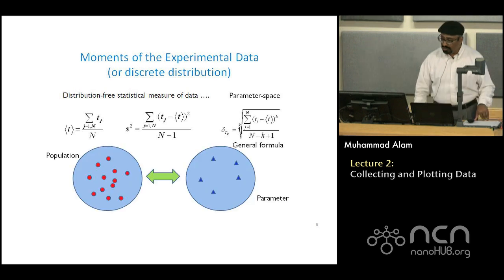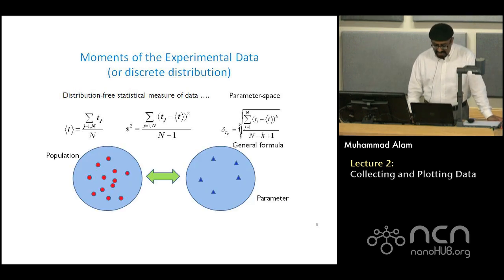Now, it's important to realize that this average, standard deviation, or the third order moment or fourth order moment, these things are sort of an alternate representative of the data. If you had, for example, the height of 30 people, that's one set of data.